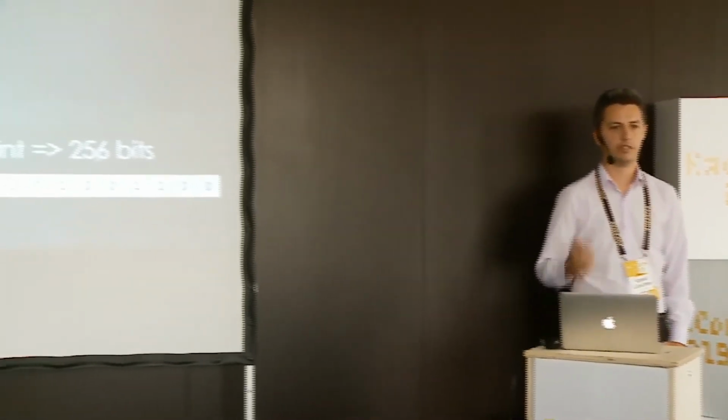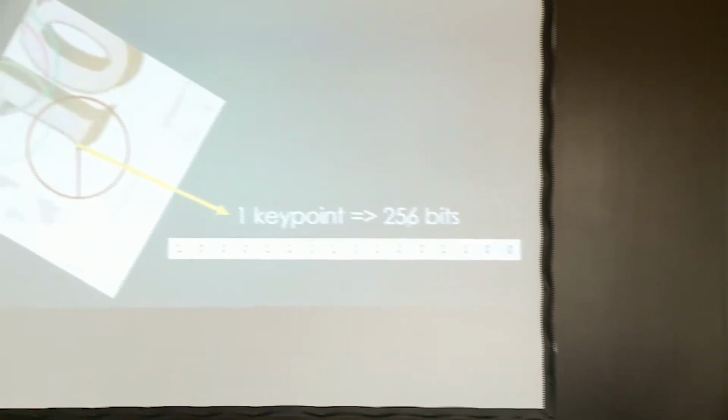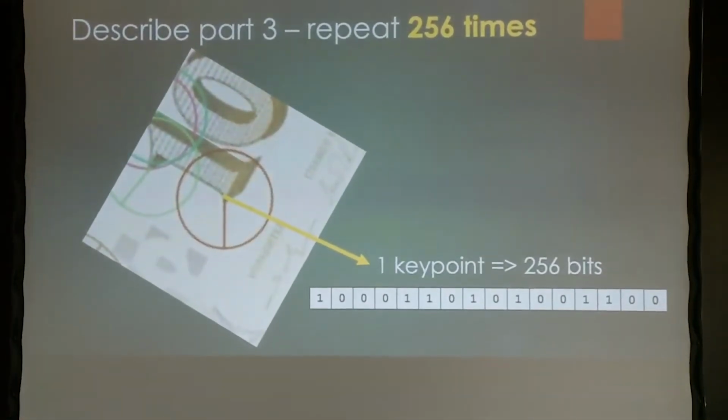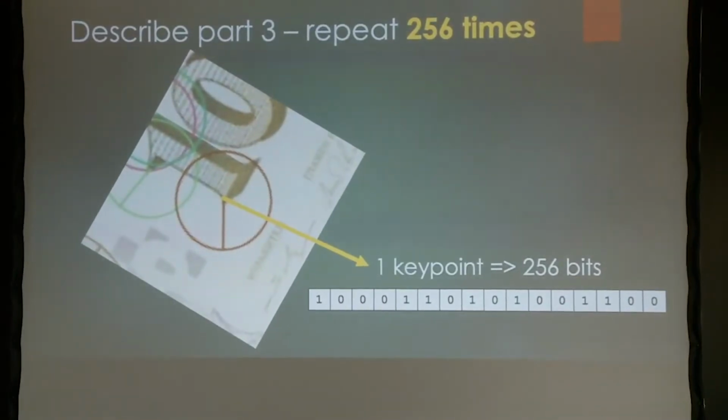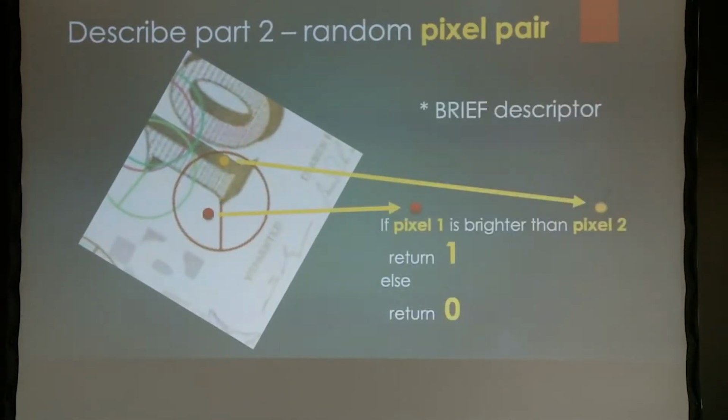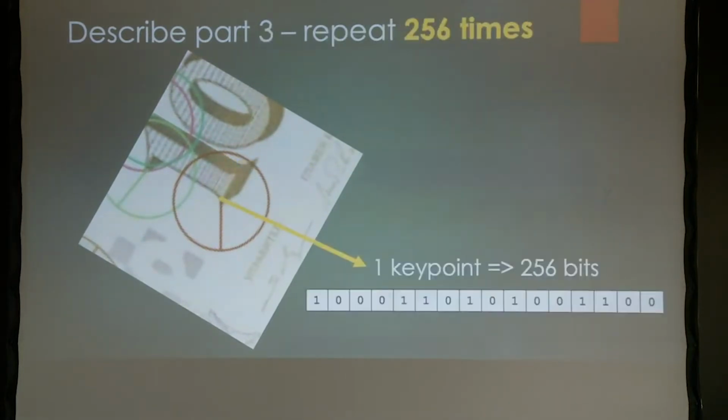And these 256 bits, because every pixel pair returns a 0 or 1, returns a bit, these 256 bits are our description of the key point. That's just it. Nothing special. That's the BRIEF descriptor. I mentioned it in the previous slide. It works like that. Just random pairs.